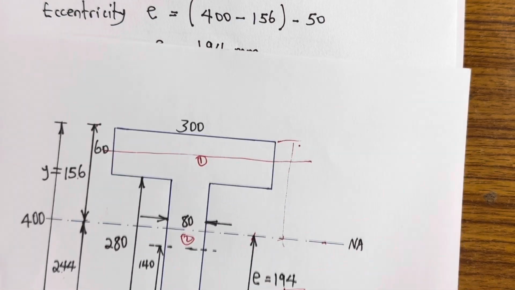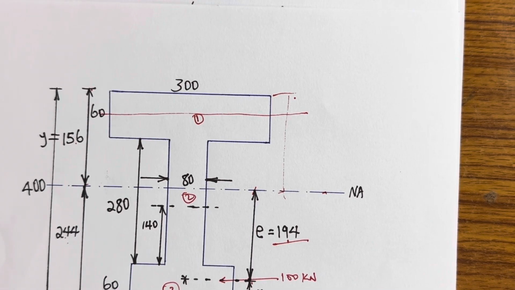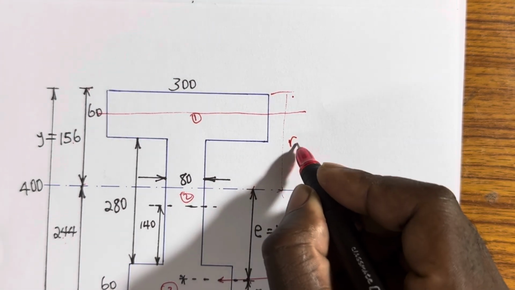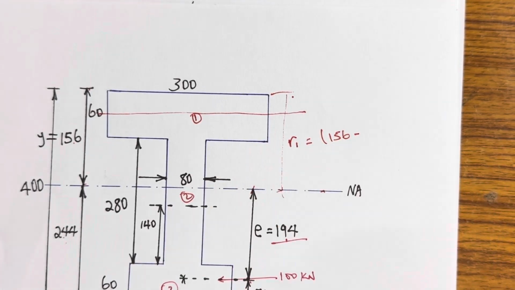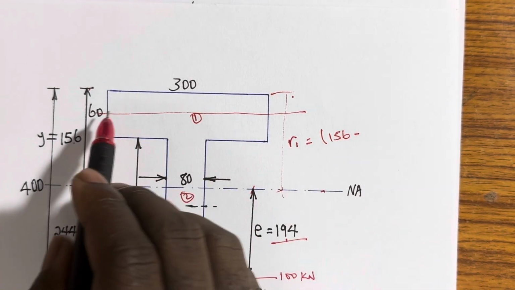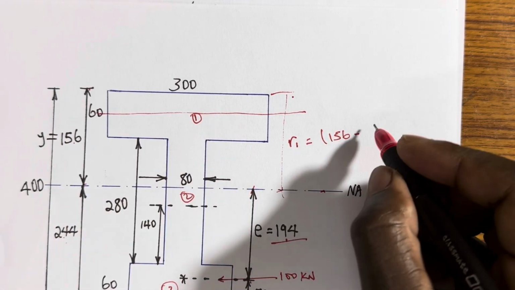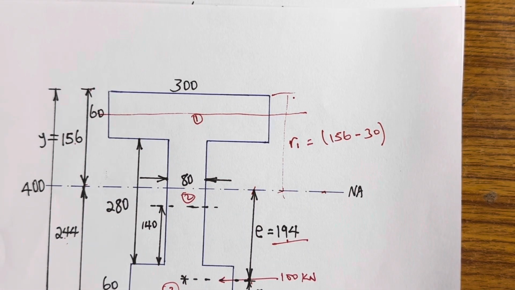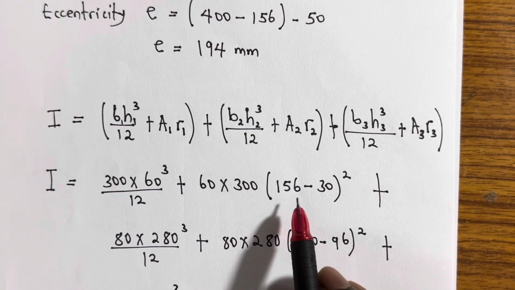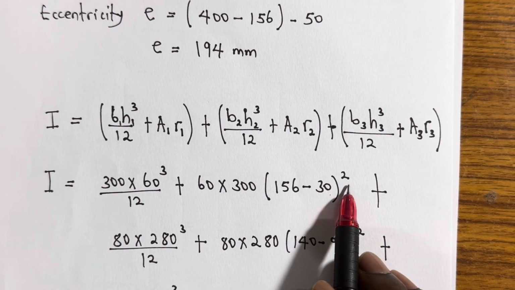So my R1 is going to be 156, because that is the centroid from the top, minus the centroid of figure 1, which is 30. This is R1, and it's supposed to be squared. So that's why I have here 156 minus 30 squared.